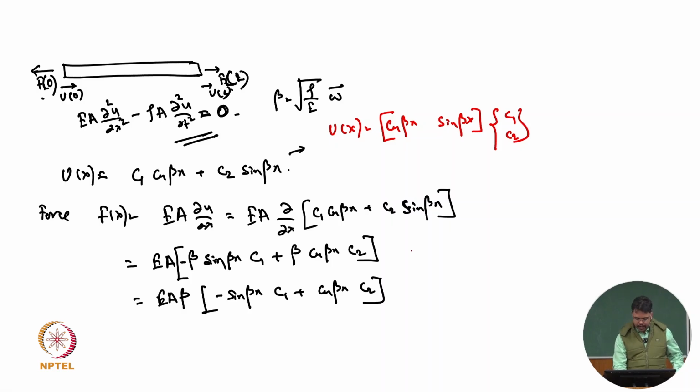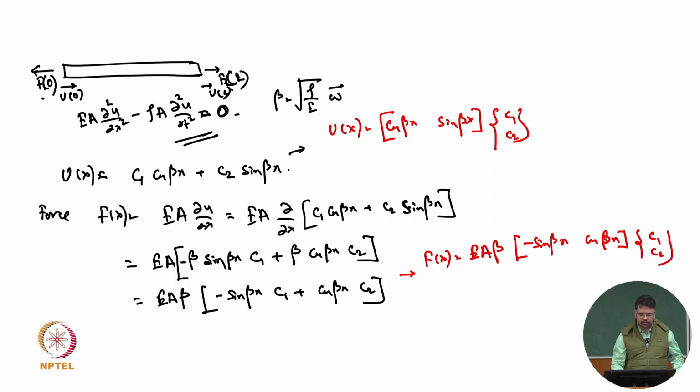Agreed? And fx can be written as EA beta times minus sine beta x, cos beta x times c1 c2. Agreed?